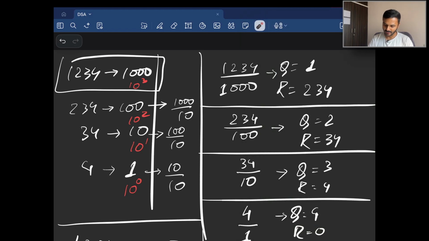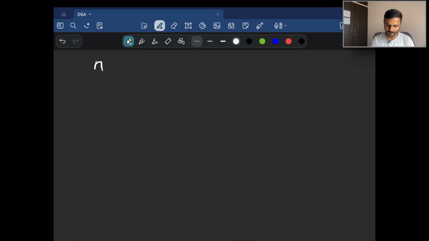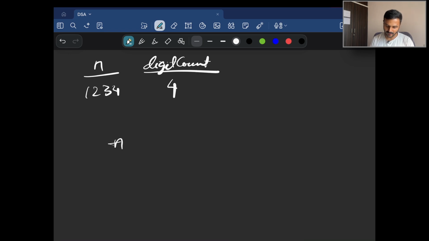For that, let me first clear this and start with the value of n, which is 1234. When n is 1234, we know the number of digits in n will be 4. The first step we had discussed was that n, which is 1234, will be divided by 1000.